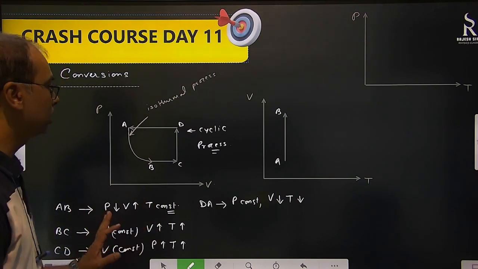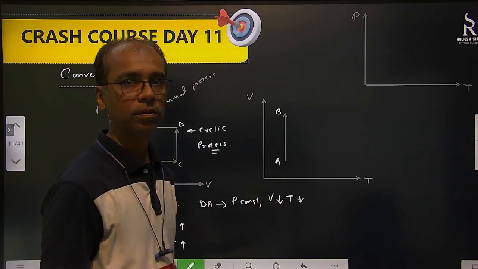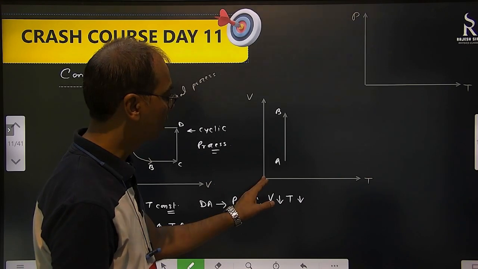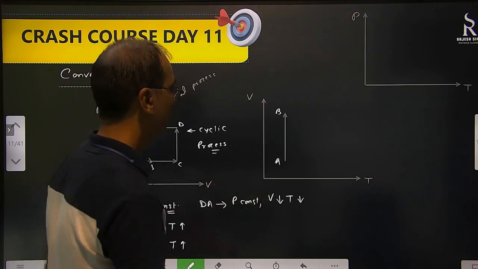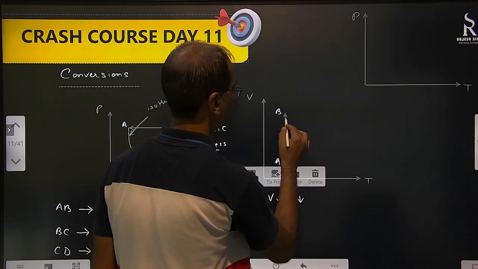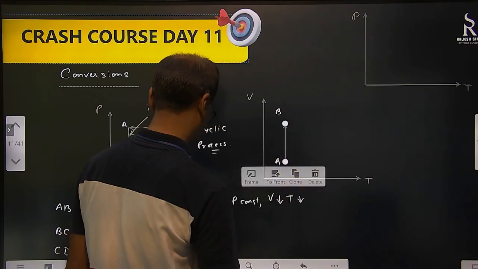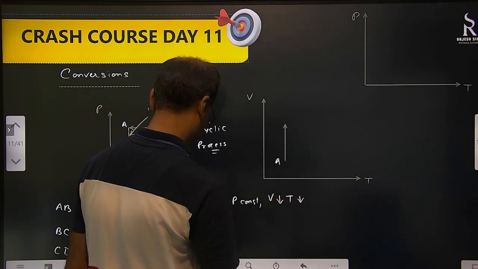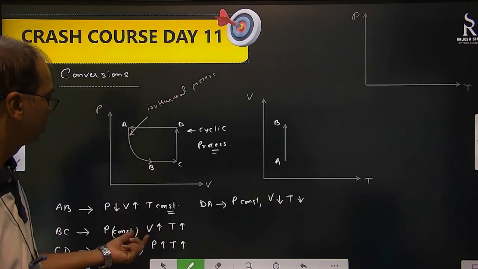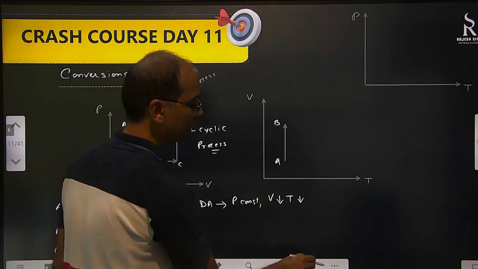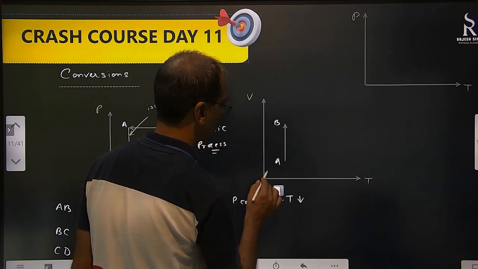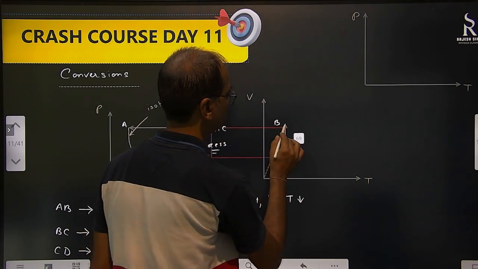So first thing is pressure constant. It's a VT graph and you have pressure constant. How will it look? It starts from the origin, remember. Let's make it a little smaller. So AB is here. Now BC I have to make like this. It should look like it is starting from the origin, so I'll just connect these two.